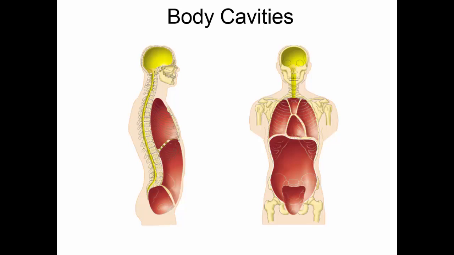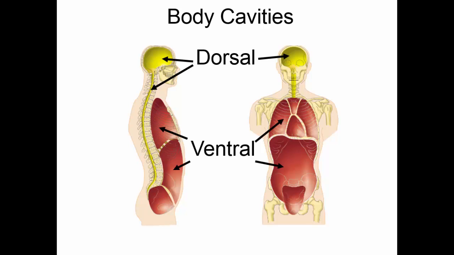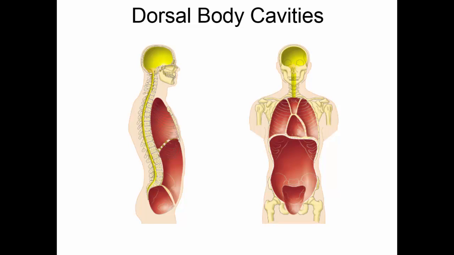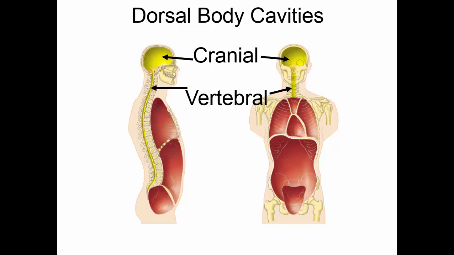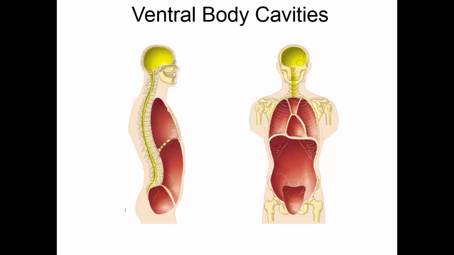There are several body cavities that we need to talk about. Your dorsal body cavities are those along the back of the body, and your ventral body cavities are those on the belly side. Your dorsal body cavities can be divided into the cranial body cavity, which houses the brain, and the vertebral cavity, which houses the spinal cord. Your ventral body cavities, we have the thoracic or the upper one.